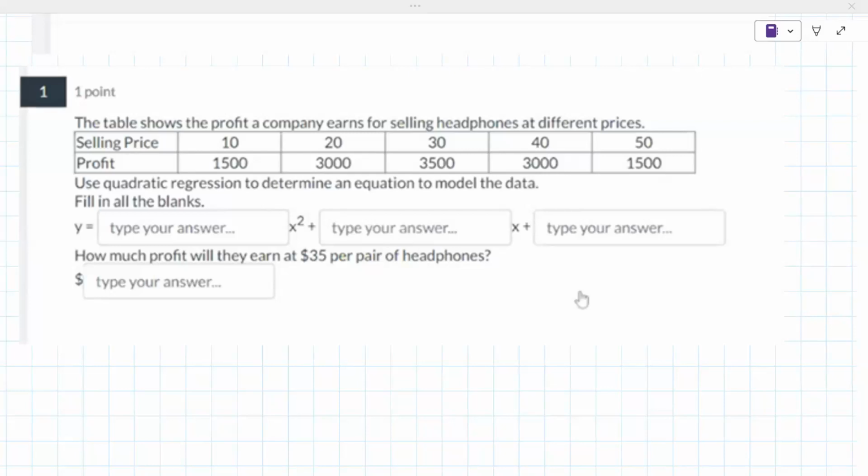Why do they want you to do it this way? All right, and then we'll use that one. 3,100 divided by 100.